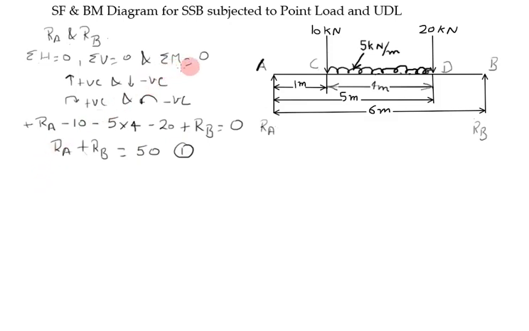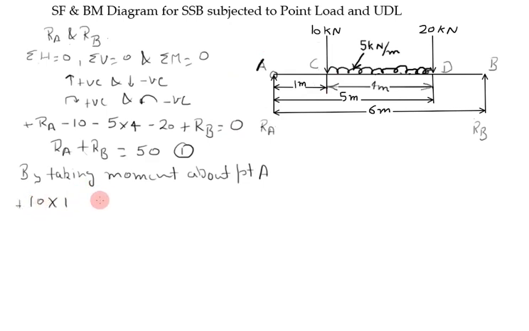Now the last equilibrium condition is sum of all the moments about any point is 0. So by taking moment about point A, we consider A as center. First force is 10 kilonewton, which is at a distance of 1 meter from point A, and this tends to rotate the beam in clockwise direction, so this is positive.